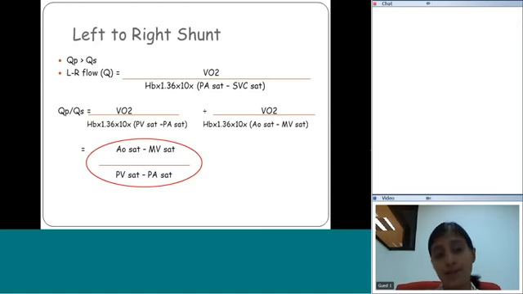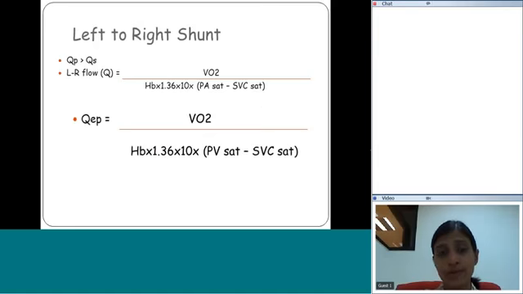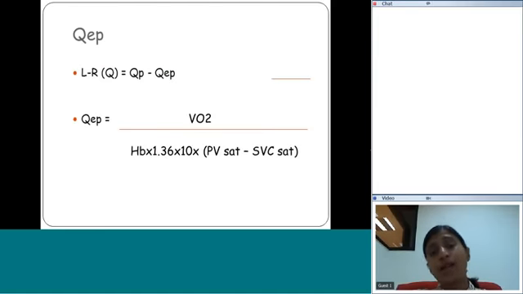Now there is a concept called QEP, which is the effective pulmonary blood flow. So exactly what is meant by effective pulmonary blood flow? Venous, or desaturated, blood goes to the lungs and picks up oxygen. Now when you have, for example, a left to right shunt, the left to right shunt blood is actually not desaturated. So although it goes to the lungs, it is not going for any useful purpose.